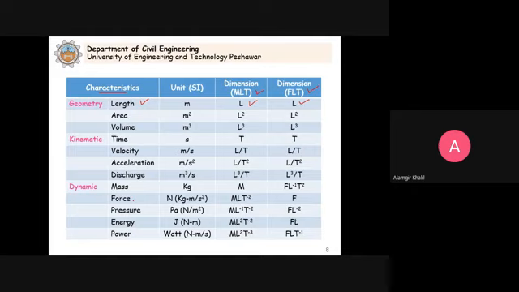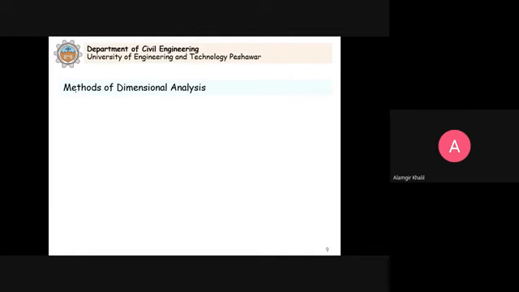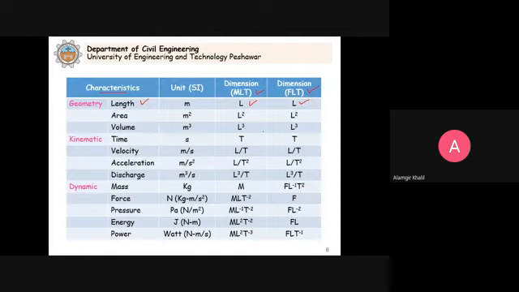You have already studied them in detail in Fluid Mechanics 1, 2, and in this course. Now we know about the dimensions and the two systems that you can use, either the MLT system or the FLT system.